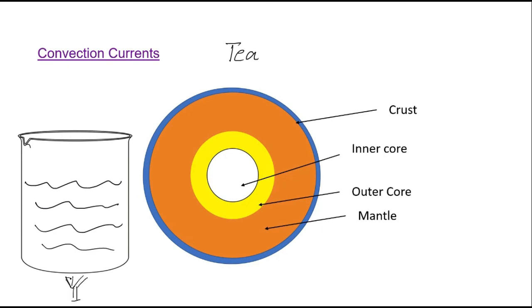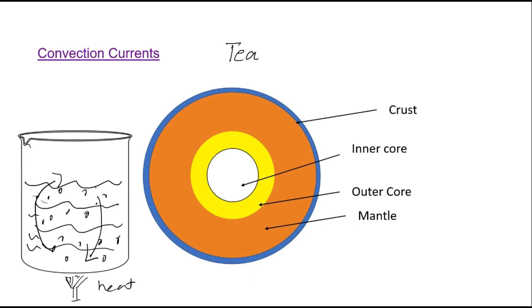Then we apply heat at the bottom, and over a period of time this water will start getting heated up and start boiling. We also add tea powder here. At this stage, if you watch the tea powder, you will find it moving to the top surface, and those on the top come down.